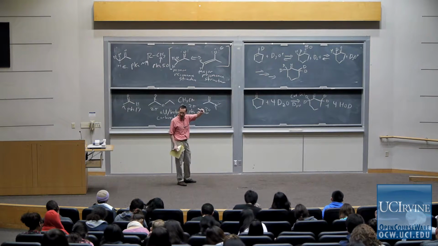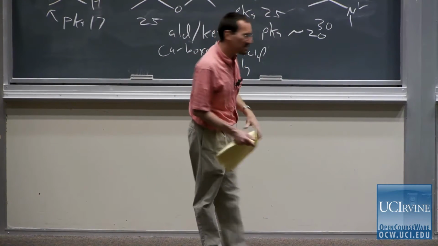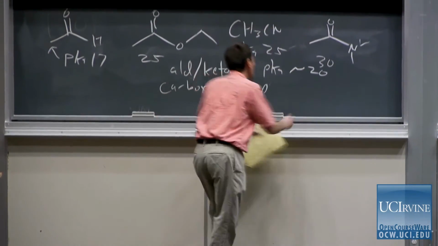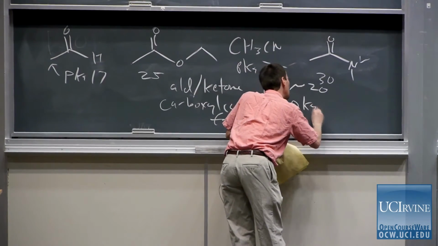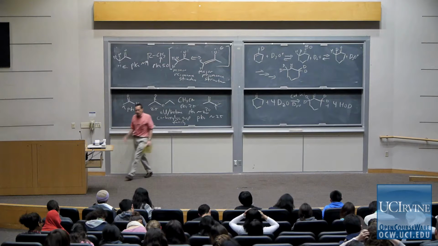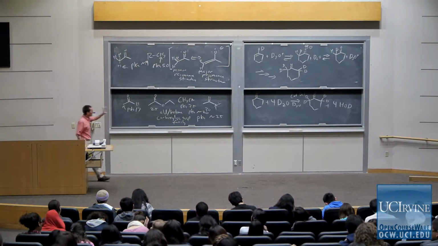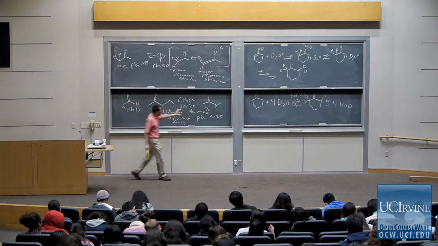You first remove the acidic proton, so it's a carboxylate, and then you remove a second proton. In general, a good number to keep in mind is about 25. Yes, there are some variations, but it's not as important as keeping these pictures in mind.